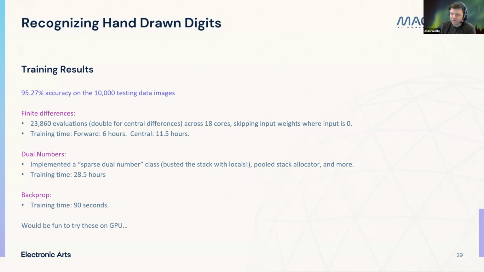Okay, so I'm going to show you this thing in action, but first, a couple more things. I trained this thing with each of the 3 gradient methods, and I want to talk about those. We did end up with 95% accuracy on the 10,000 test images, which, to put that in perspective, means 1 out of every 20 it got wrong, which is a pretty large error rate, but this is kind of like a toy level neural network.